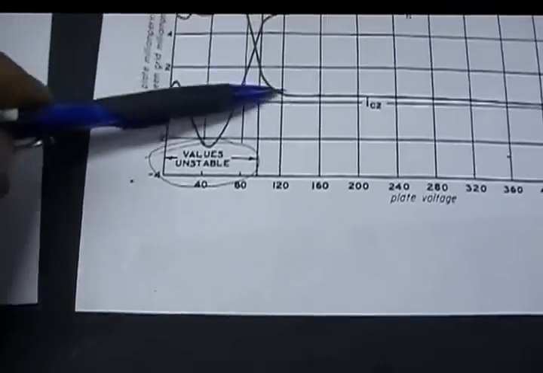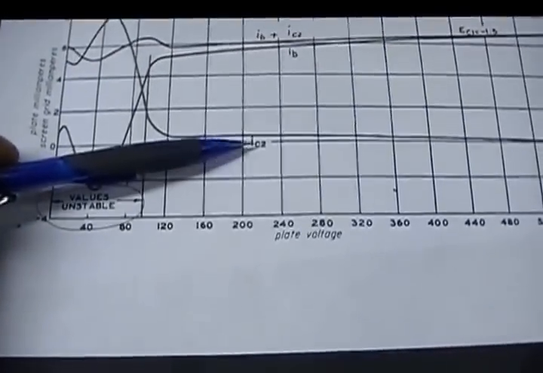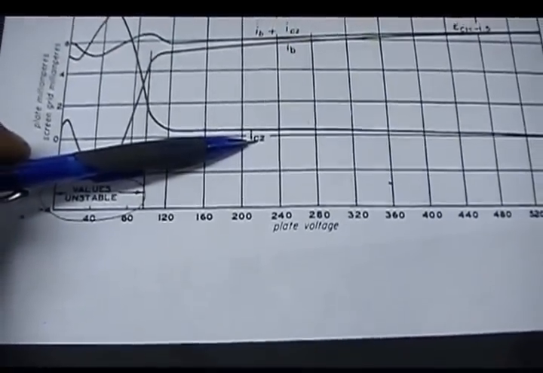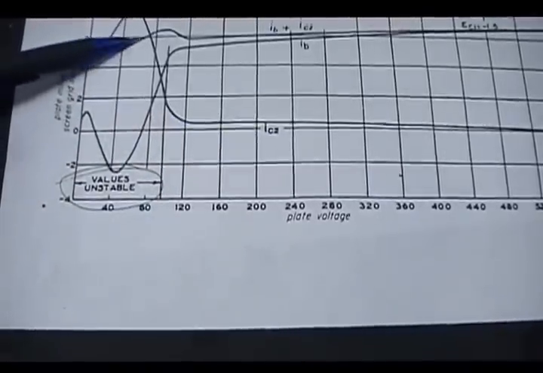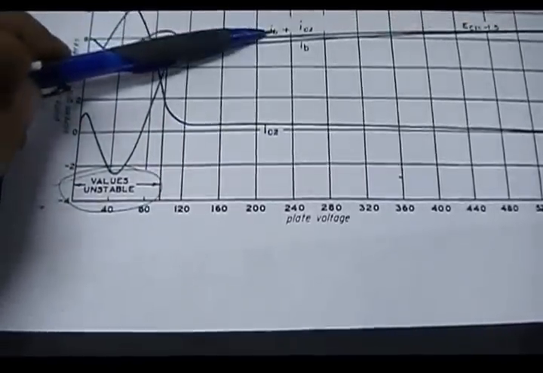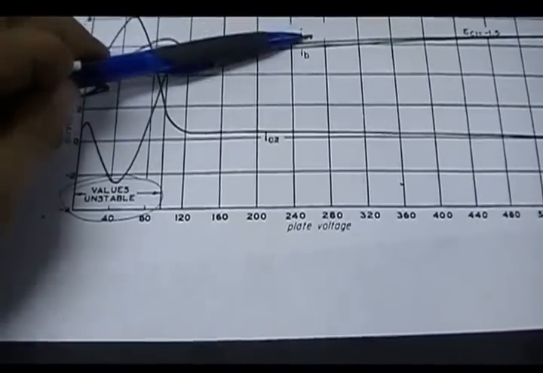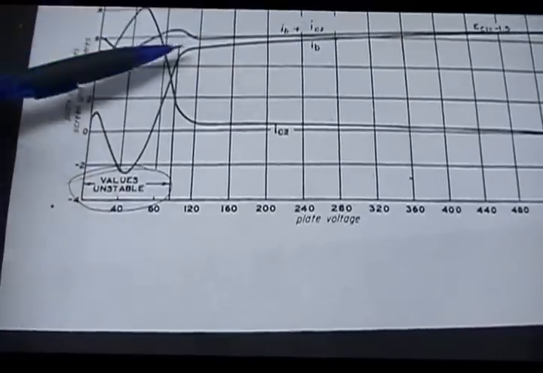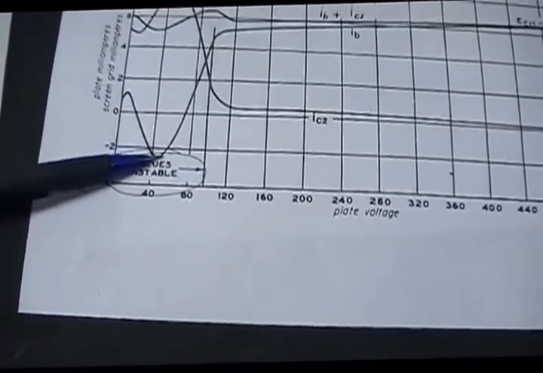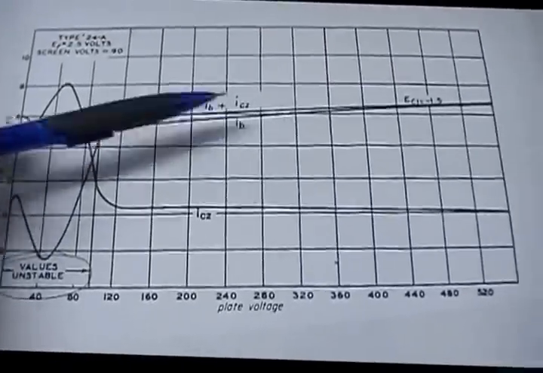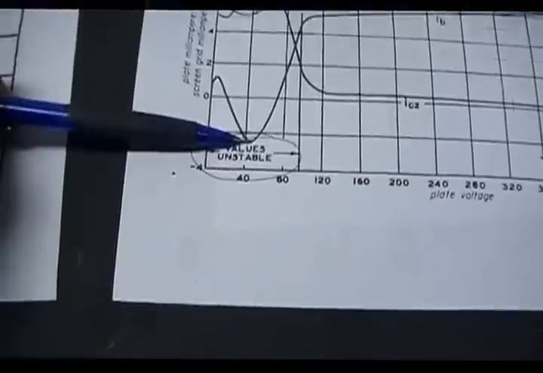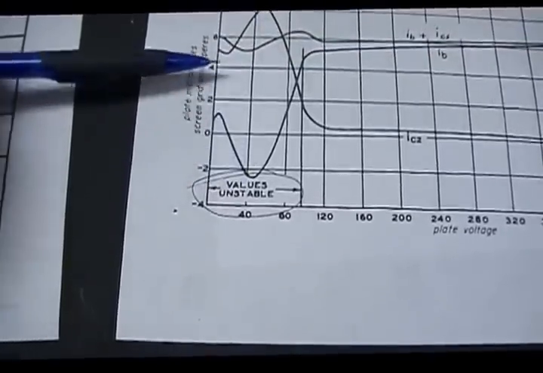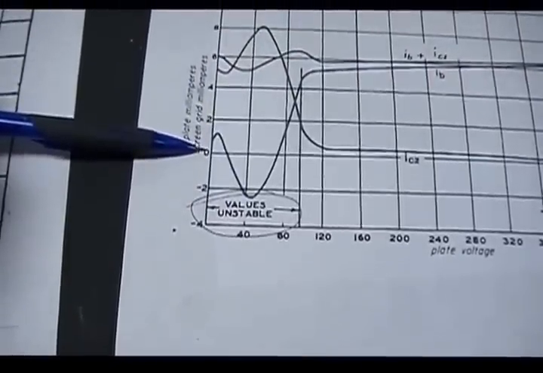This curve here is representing IC2, which means the grid 2 or screen grid current. This one here represents IB, which is plate current plus screen grid current. And then this one here is representing IB, or plate current. If you notice at around 50 volts, here is my zero line.